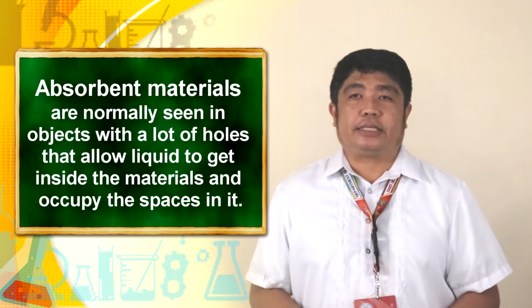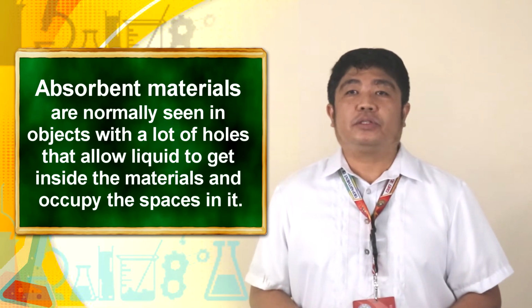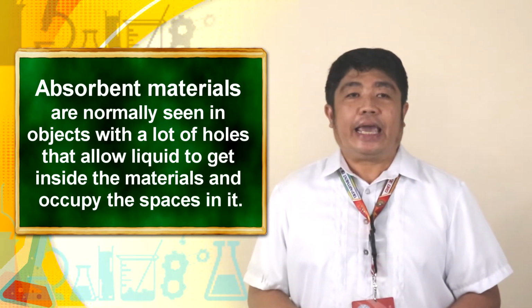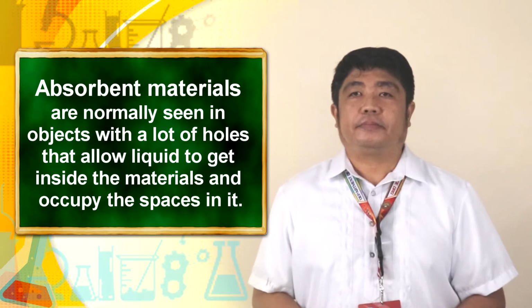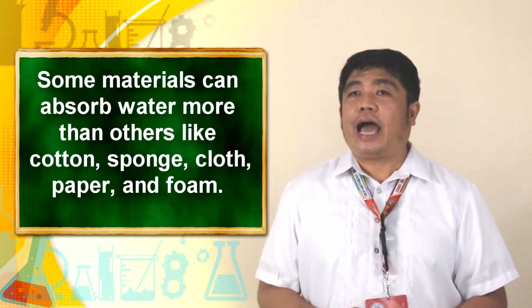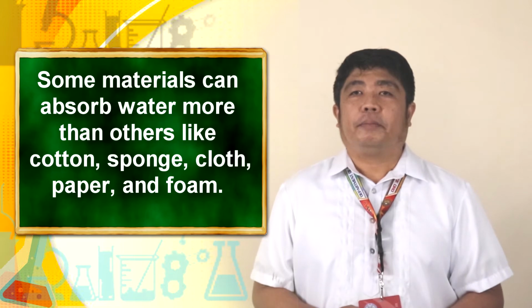Absorbent materials are normally seen in objects with a lot of holes that allow liquid to get inside the materials and occupy the spaces in it. Some materials can absorb water more than others, like cotton, sponge, cloth, paper, and foam.